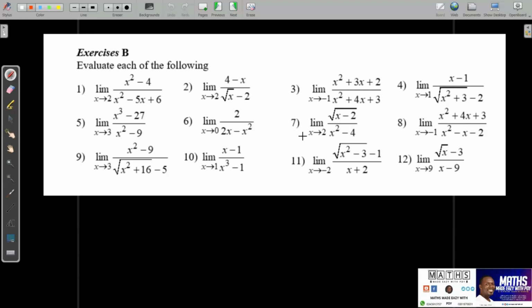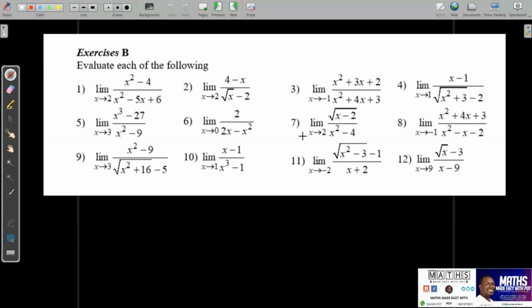I'm listening. Basically, look at number 5. You have x cubed minus 27. Do you have anything like difference of cubes? We don't have difference of cubes, but I believe you've done something with respect to binomial expansion.